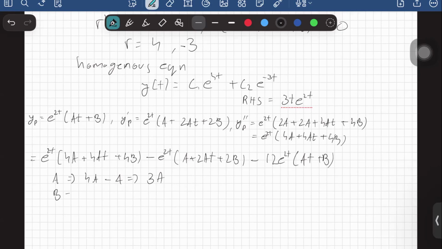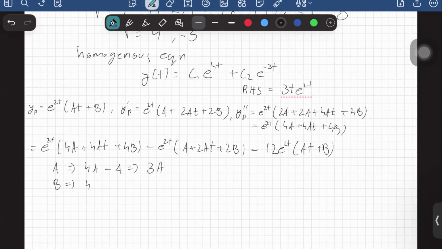For b particularly, that's not so bad. So we have 4b minus 2b minus 12b. So what we end up getting is negative 10b.